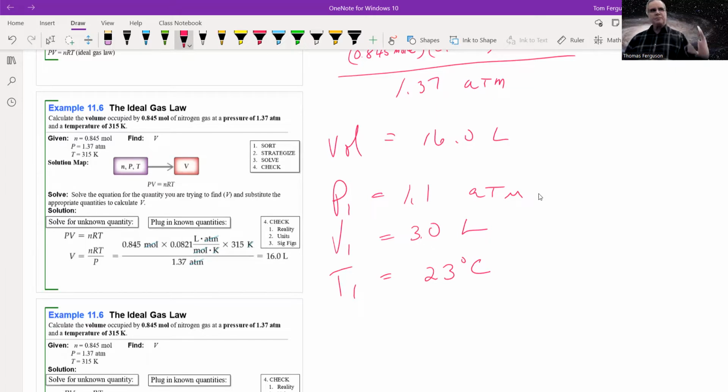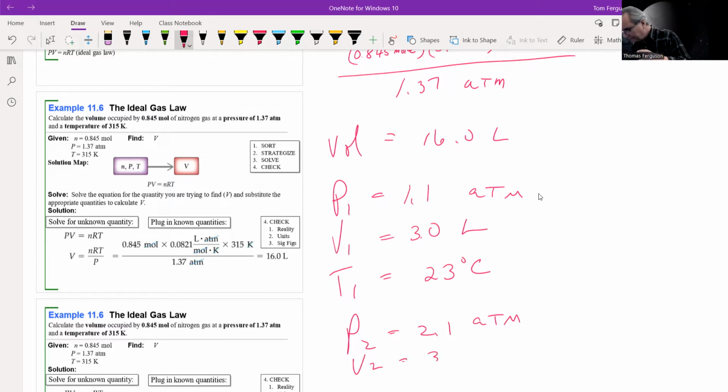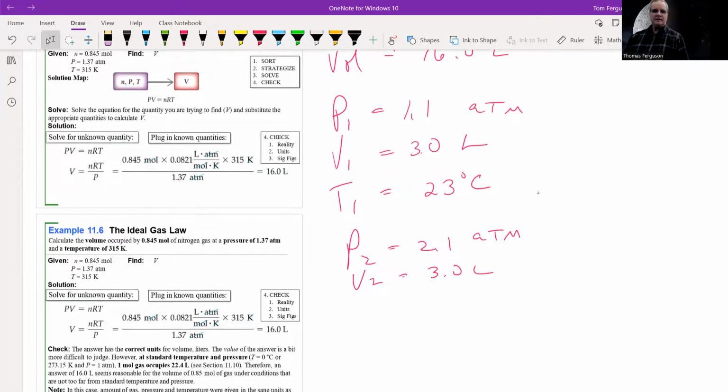Okay, so I'm going to change the pressure now. I'm going to increase the pressure. I'm going to keep the volume, though, the same. And I'm going to jack up the temperature, because when you increase the pressure, temperature goes up because they're directly related. So the temperature, let's say, is 46 degrees.